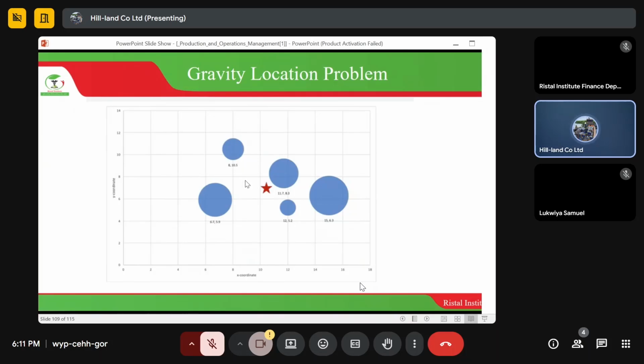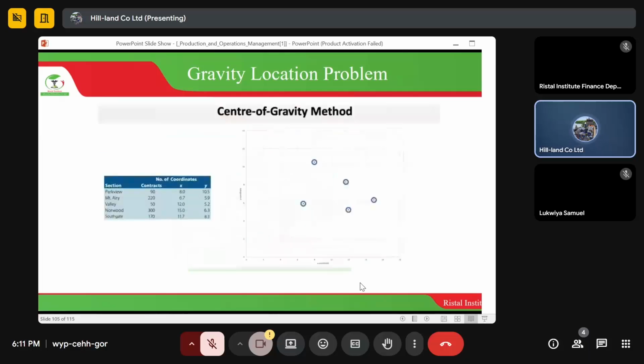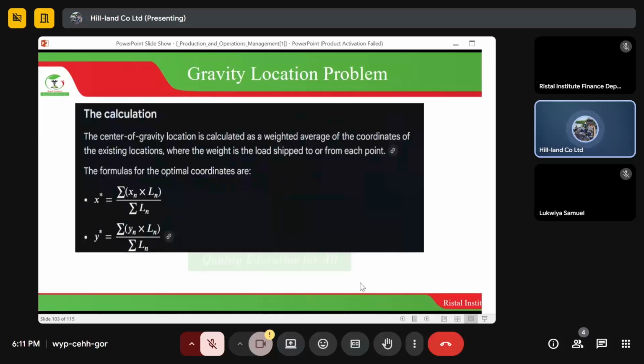Our target is to locate our plant where it is nearer to customers and where the cost of operation will be cheaper. So for us to get that, we start with the formulas here. We shall first calculate the x-axis of the location that we want, then we shall also determine the y-axis of that location.